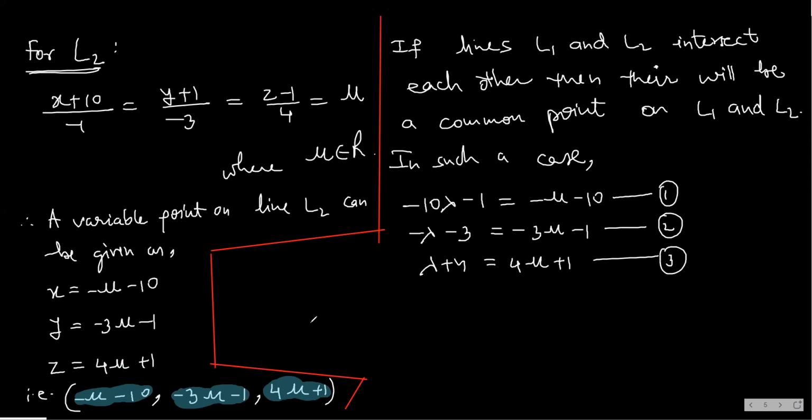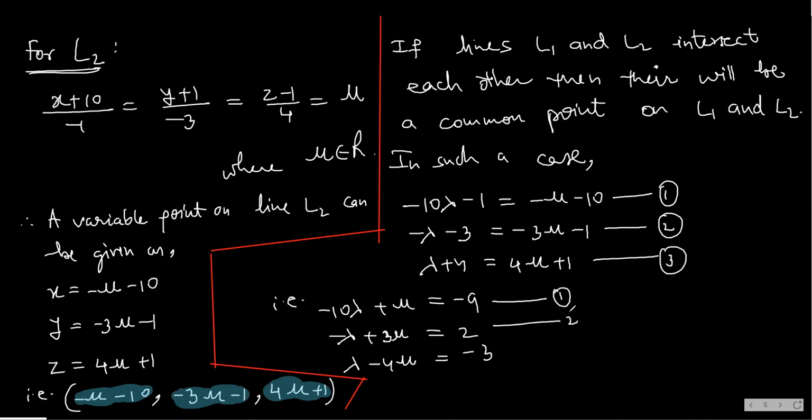Now write them properly: minus 10 lambda plus mu equals minus 9. And here you have minus lambda plus 3 mu equals plus 2, and lambda minus 4 mu equals minus 3. They are the same equations, 1, 2, and 3, no change in the equations.